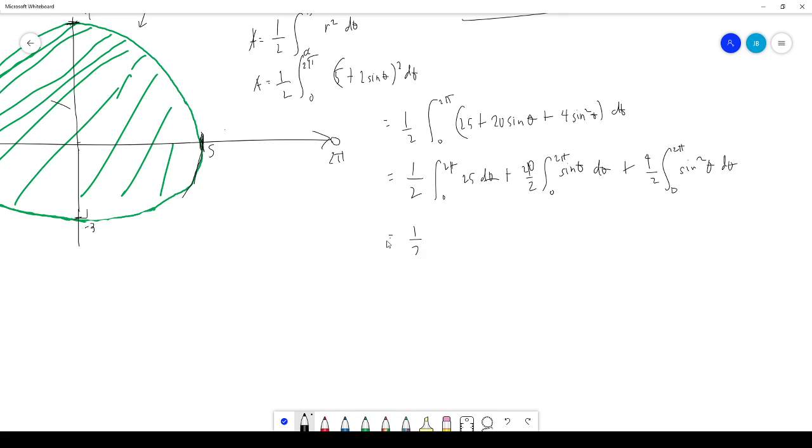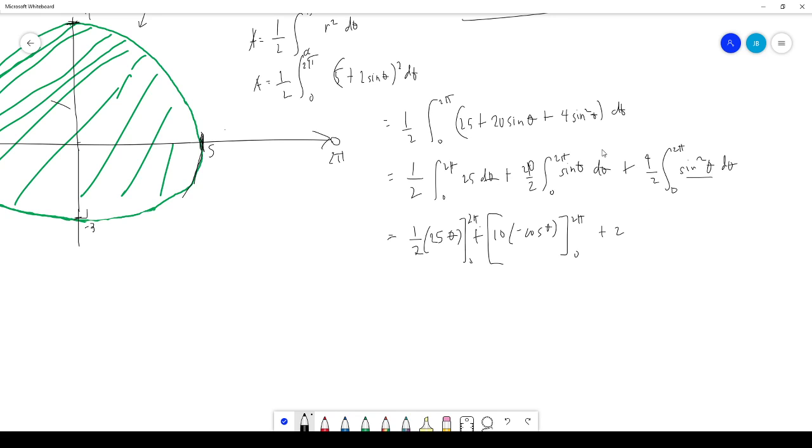So therefore, that's 1 half, 25 theta, plus, from 0 to 2 pi, 10. The integral of sine theta is negative cosine theta. So this is from 0 to 2 pi again.